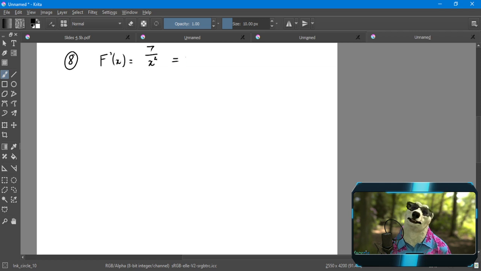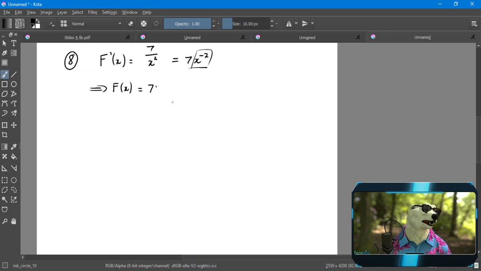But what I can do is write this as 7x to the negative 2. Then there shouldn't be any problem because now I'm in power rule territory and the power rule can be reversed quite easily. Well, easy enough compared to other fancier properties. The 7, I'm not loving the 7. I need to keep the 7 in front, but it doesn't have a role to play in my essence of the function x to the negative 2.